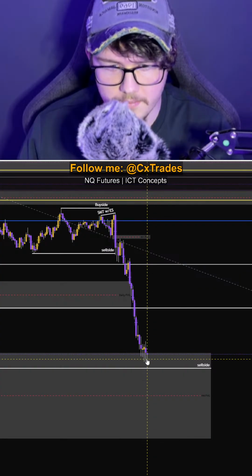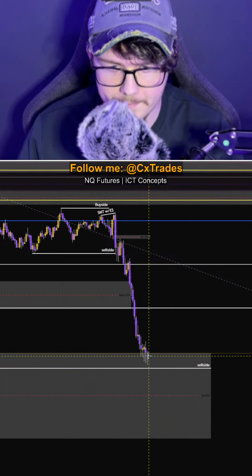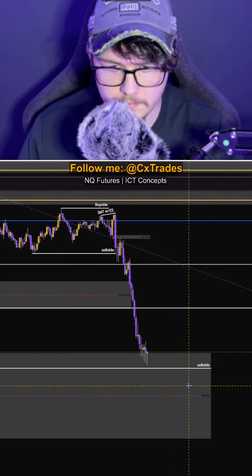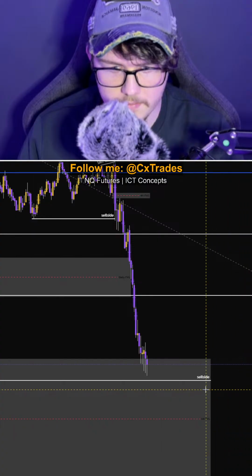So it looks like this H4 gap here is providing a little bit of resistance. Sorry, support here. Although I do still want to see this low get taken.